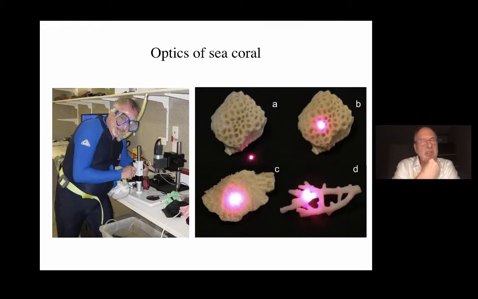This translucent skeleton allows light from the sun impinging on one side to propagate through the skeleton to feed the sea coral living on the back side of the skeleton. It's important that the skeleton is translucent to spread the light out evenly to all of the members of that sea coral community.